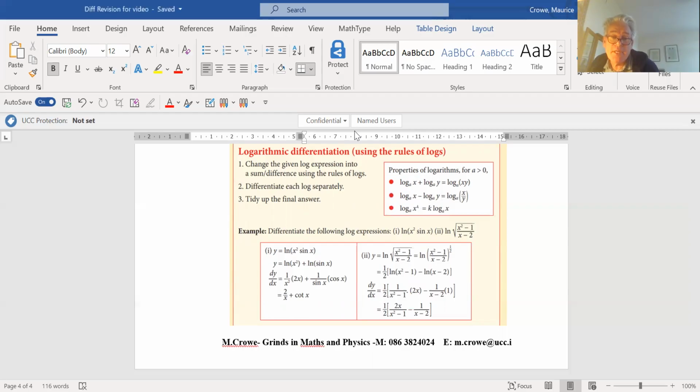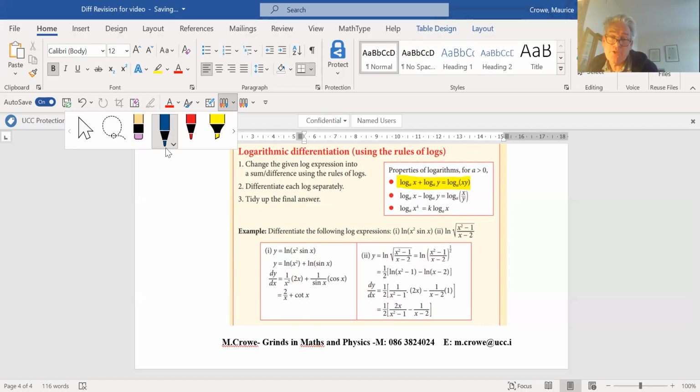So the ln of this thing inside, that's two functions multiplying each other. So that's the ln of that with a plus in the middle. We're talking about this rule here, just applying it backwards. Then we differentiate: 1 over x squared multiplied by the derivative, 2x.